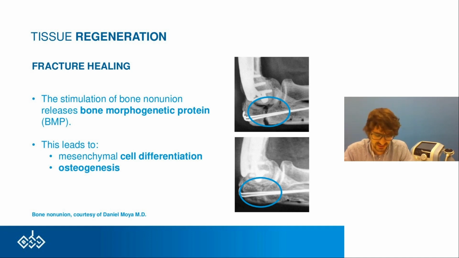So with the focused shockwave, you are able to target this area, whereas with the radial shockwave, as in the previous question, you would not be able to avoid these osteosynthesis materials. That is why the radial shockwave is also not recommended for use on pseudoarthrosis.